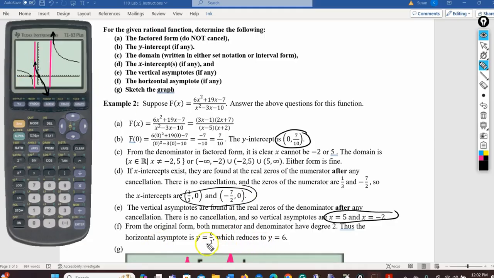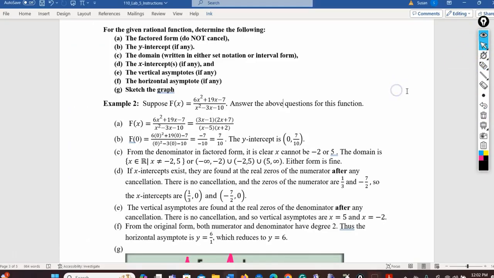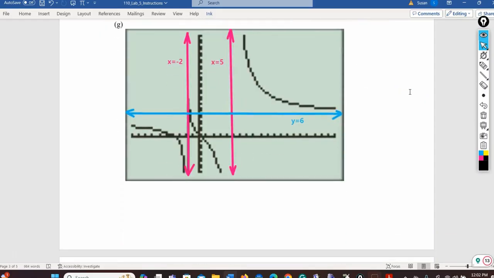And then we have our horizontal asymptote, which is y is equal to 6. And if we find 6 on this graph, it's going to be about here. And again, you can tell the behavior is going to be towards positive infinity and towards negative infinity. And so that is a good window to graph it in. And so that's what I've done down here.